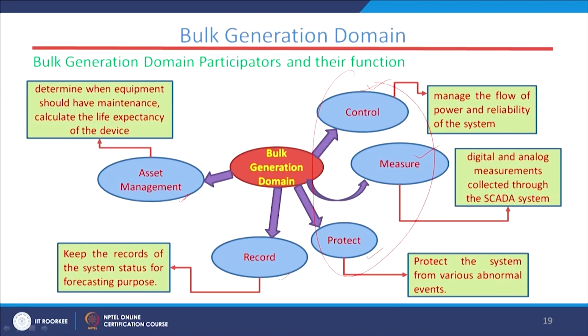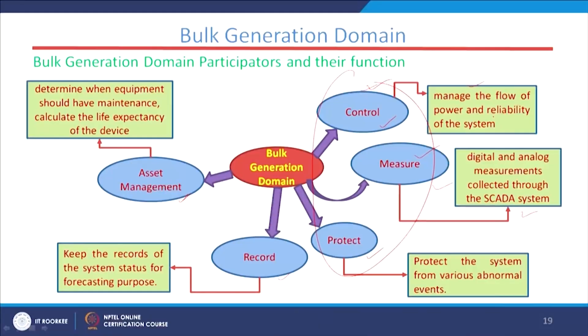In the bulk generation domain, we have to measure the data, all the basic quantities, voltage, current, and further the derived quantities, frequency and power. We have to measure those data using, nowadays, the WAMS technology, and the SCADA systems are also used till this date.